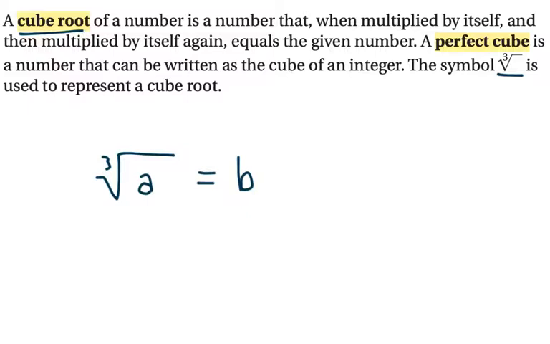So basically it means that if I were to take this number B and multiply it by itself, and then by itself again, that would equal the given number that we had started with. So these are the inverse sections of this cube root idea. We'll see how this works out in our examples.